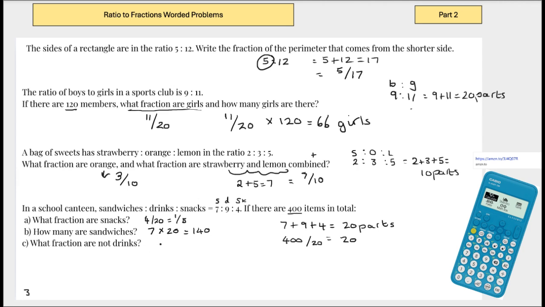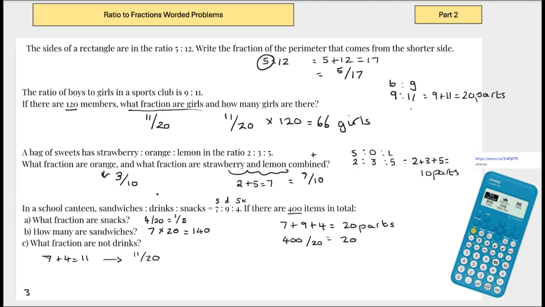And then what fraction are not drinks? What fraction are not drinks? So what you've got to work out now is your sandwiches and snacks. So sandwiches and snacks, I'll do it here actually, is 7 plus 4, which is 11. It's going to be 11 out of 20. And you can't simplify that. So that stands as is.